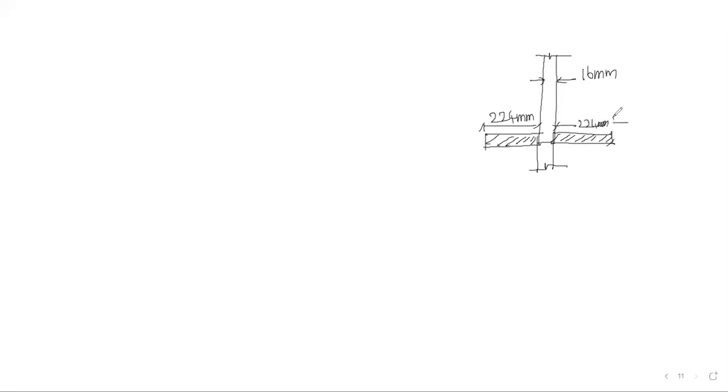224 mm. Okay. Now FW value becomes FW is equal to B1 plus N2 into TW into Fy divided by gamma M0. The condition should be greater than V. That is our condition.